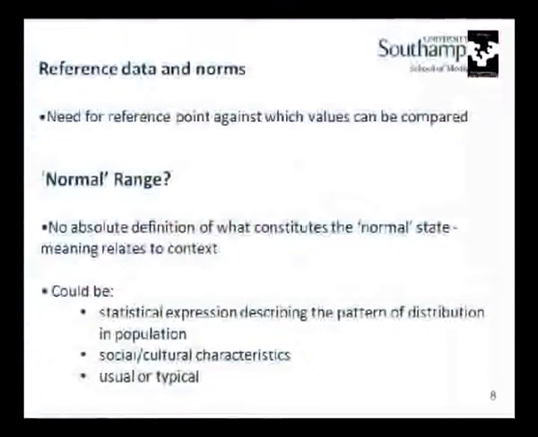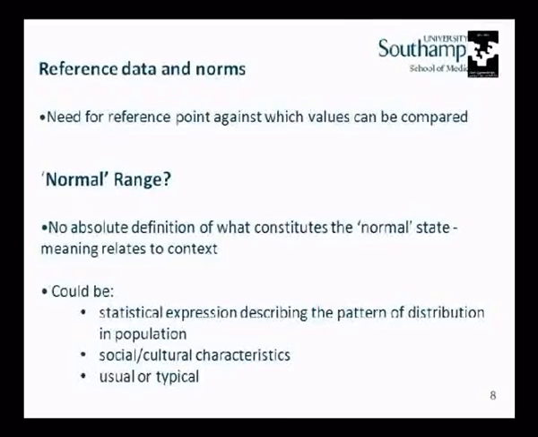And that's where the statistical expression describing the pattern of distribution in a population comes in. So we will also look at different populations, whether it's the elderly, children, men, or women, and look at the distributions of the indicators for each of those, okay?